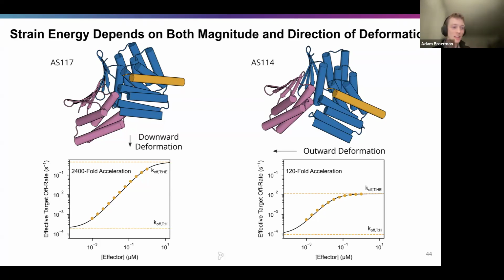So it's finding the sequences that will most probably fold into the given structure. It does that by looking at the surrounding chemical environment for each residue, for each amino acid, computing the probability of each amino acid given its local environment, and then sampling from that probability distribution at each position.